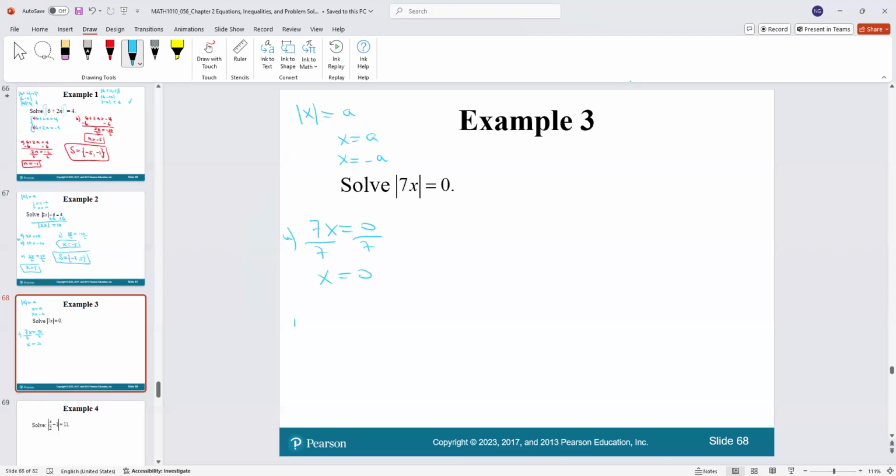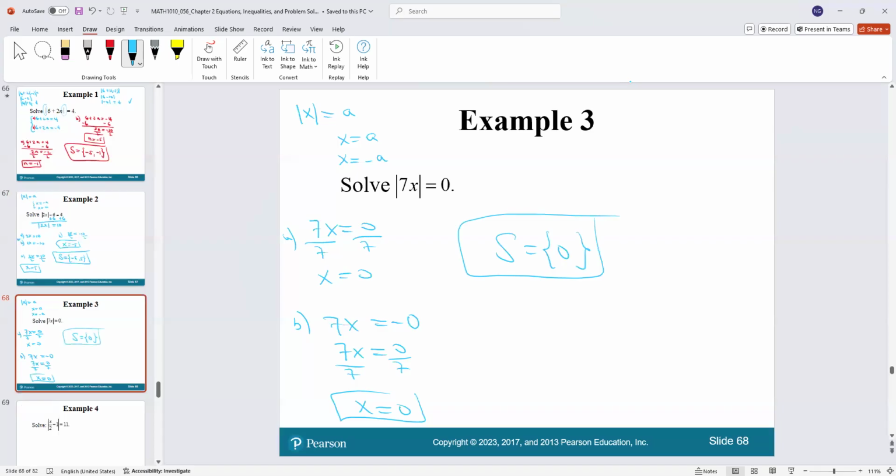That's the first one. If you said the second one, 7x equal negative 0, there is no negative 0 because 0 is totally neutral. So it's still 7x equal to 0. You divide by 7, so x equal to 0. So the only solution for this one is 0. So we can say the solution set is 0. There is nothing else you can find at this level. So that's very important to remember.